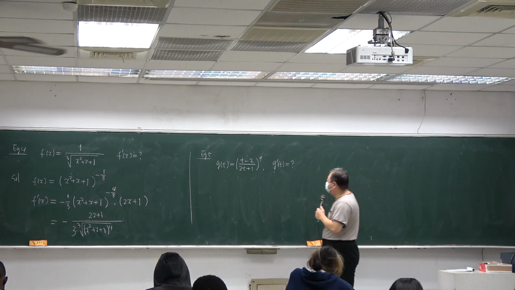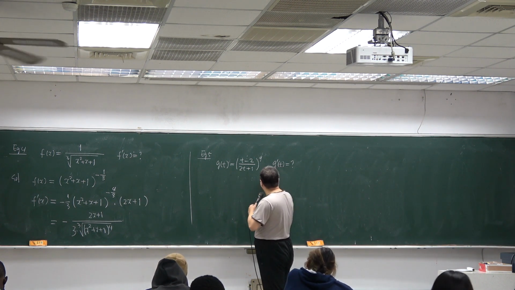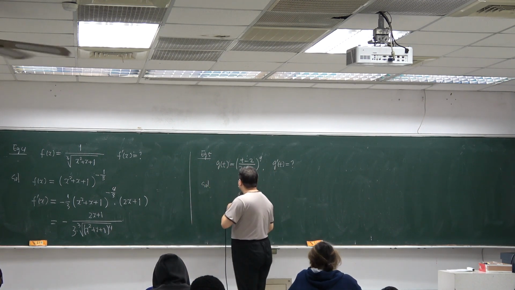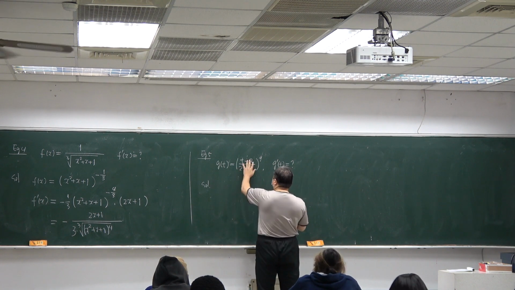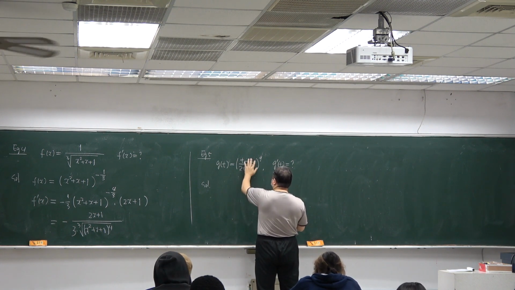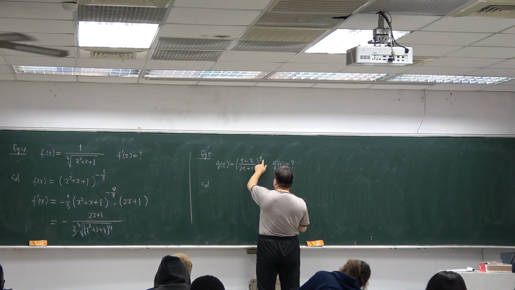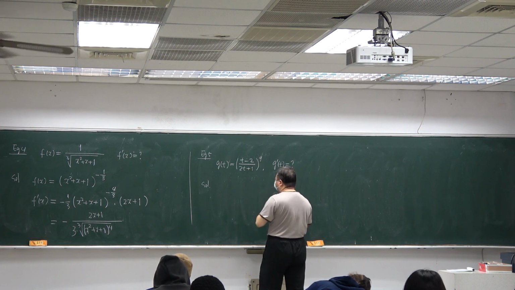Find the derivative of g of t, g prime t. Okay, t is mapped first to this quotient, this fraction, a rational function. Then the power function with exponent 9.